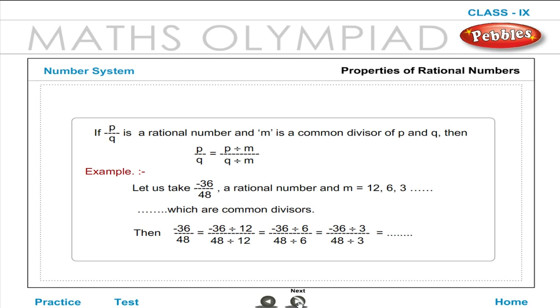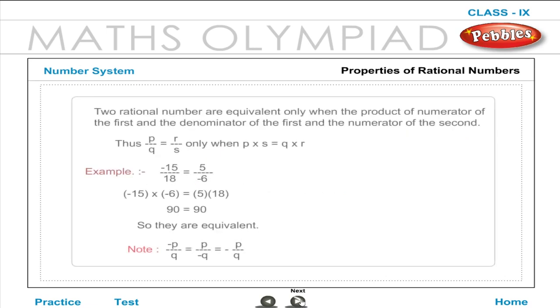Then -36 by 48 is equal to -36 divided by 12 by 48 divided by 12, is equal to -36 divided by 6 by 48 divided by 6, is equal to -36 divided by 3 by 48 divided by 3, and so on.